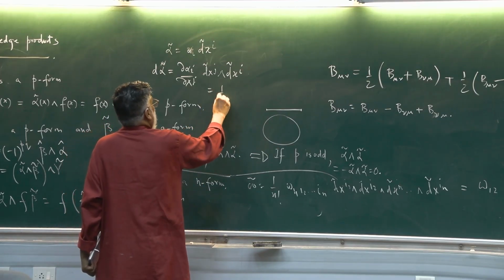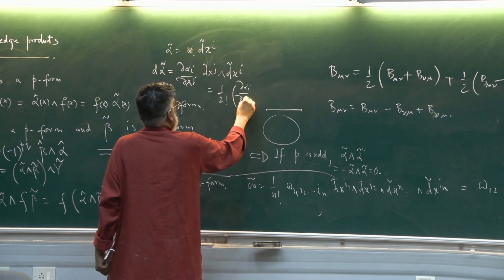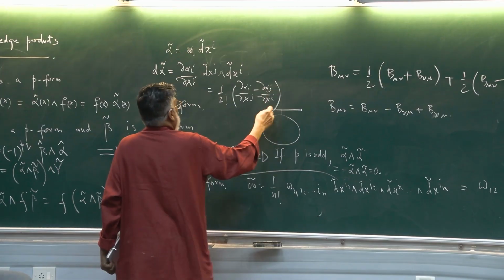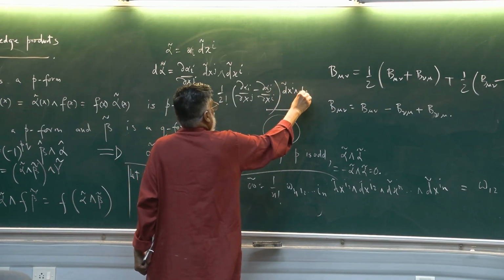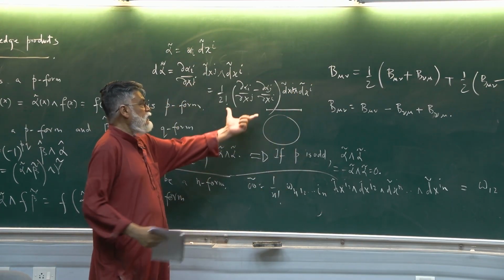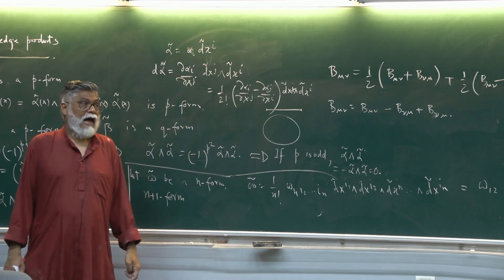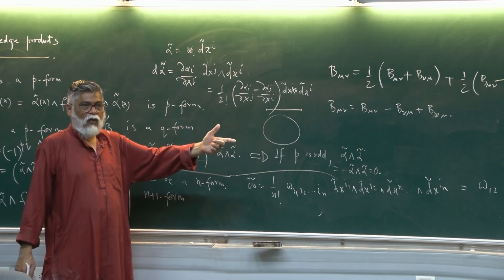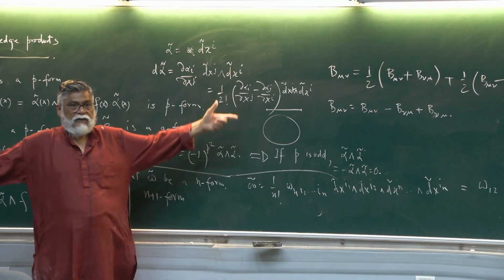This is same as 1 over 2 factorial del alpha I by del xj minus del alpha j by del xi. But this is not 0. Unless the curl, I mean in 3-dimensional notation, only if curl of the vector alpha is 0, only then it will be 0, otherwise not.